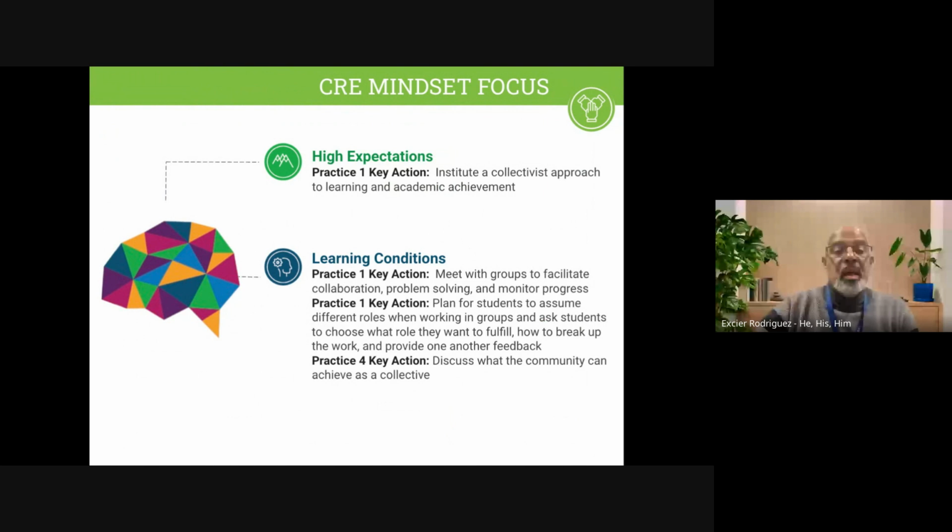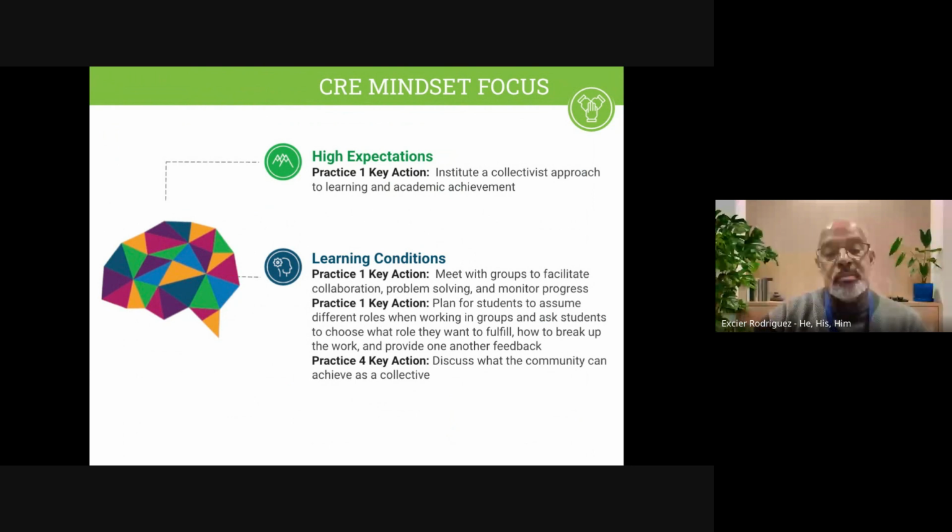Our CRE mindset, high expectation, practice one, key action: institute a collectivist approach to learning and academic achievement. So our students are involved and being responsible with the learning and working as teams. Being able to meet with rigor and facilitate collaboration, problem solving, and monitoring progress through whatever tools we are using.